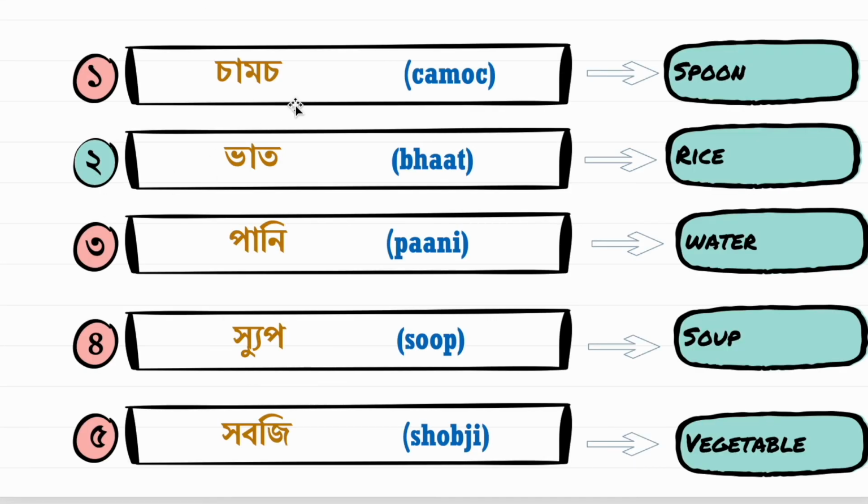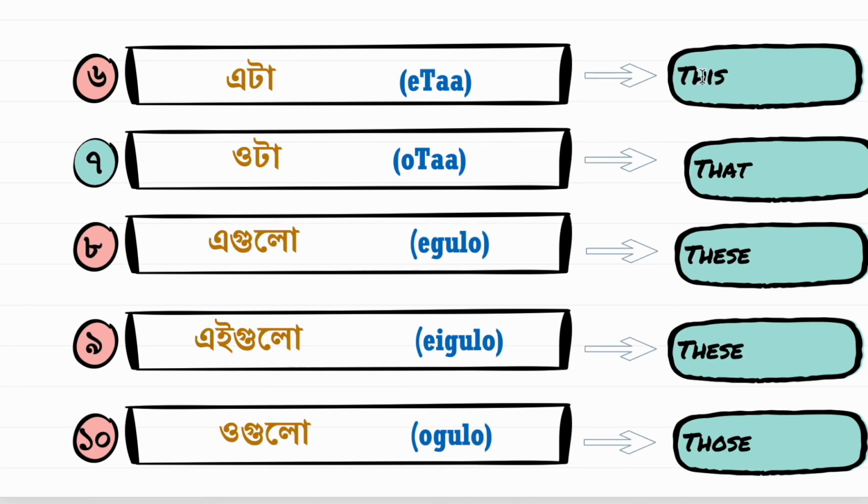Now let's have a look at the list of words that we have used in today's class. The first word, chamoch, spoon, bhat, rice, pani, water, soup, shobji, vegetable, eta, this, ota, that, egulo, these, eigulo, also these.